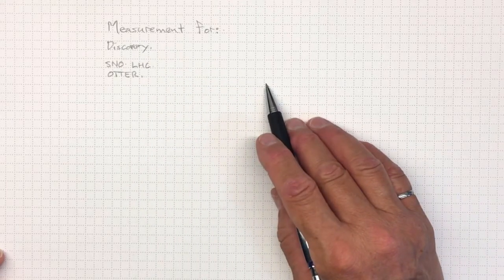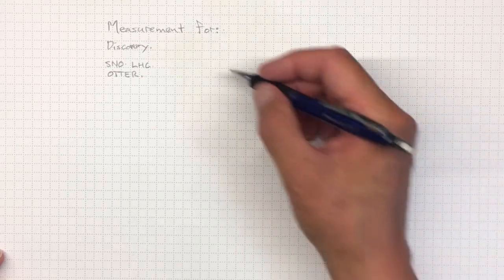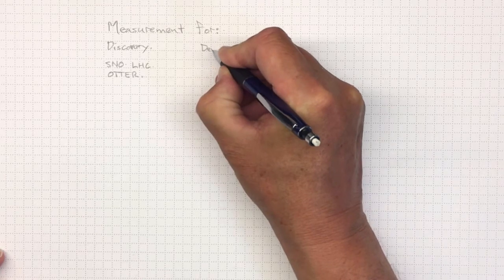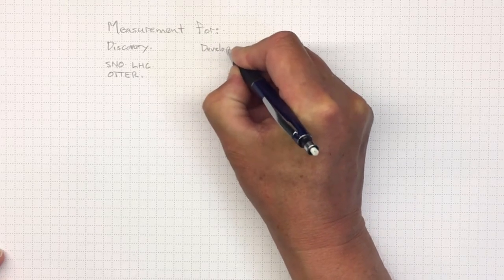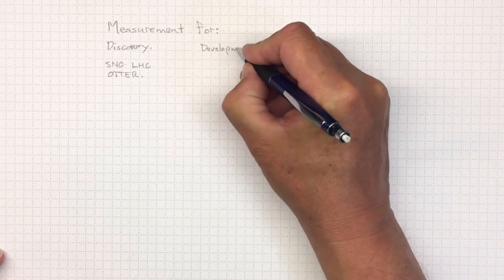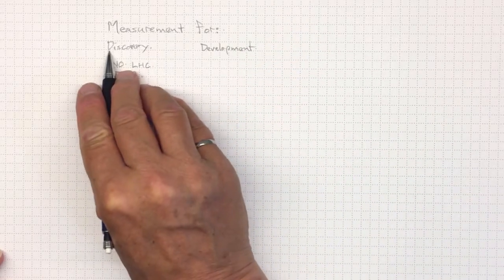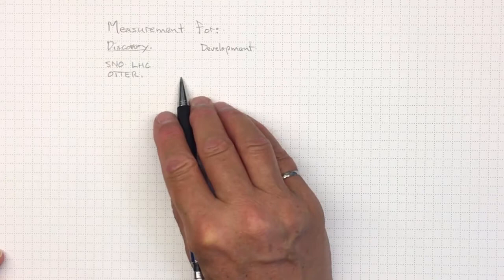On the other hand, if we're engaged in practical active engineering, we're probably trying to make some products. And if we're going to develop some products, we'll need to engage in measurement for development. We've already discovered the effects that we're interested in.